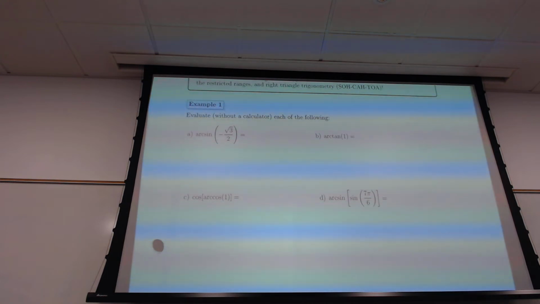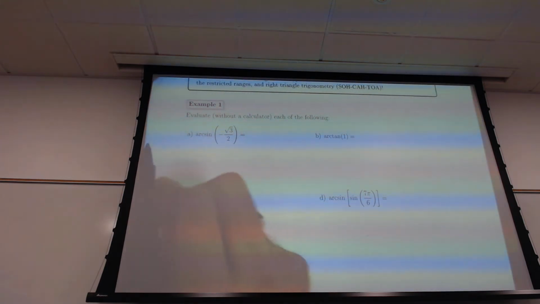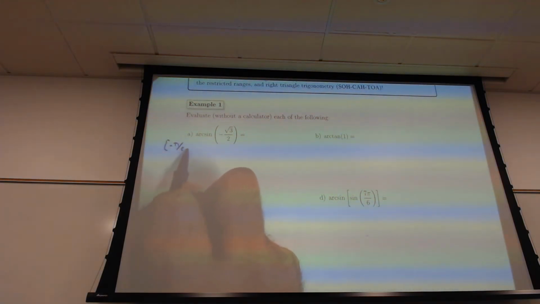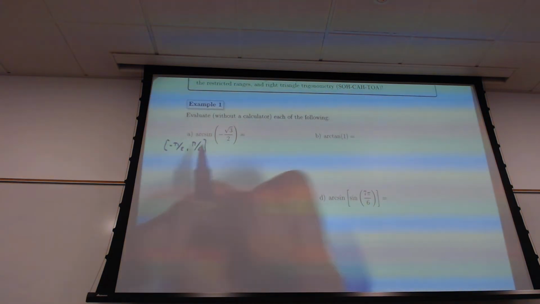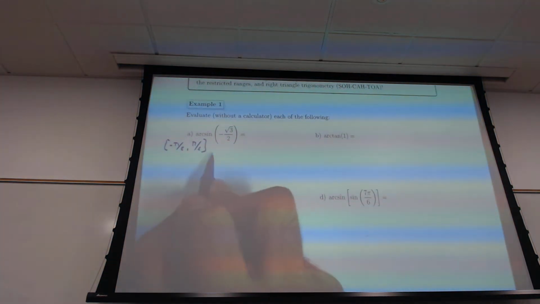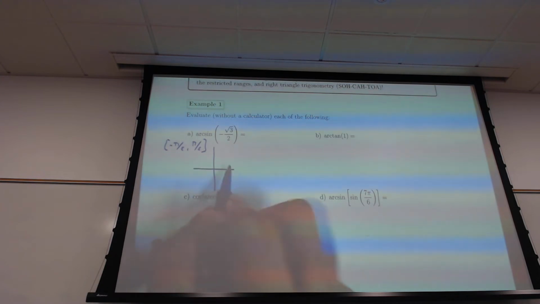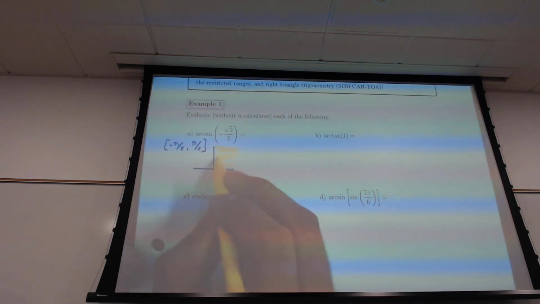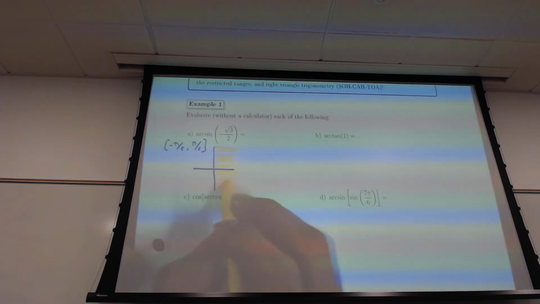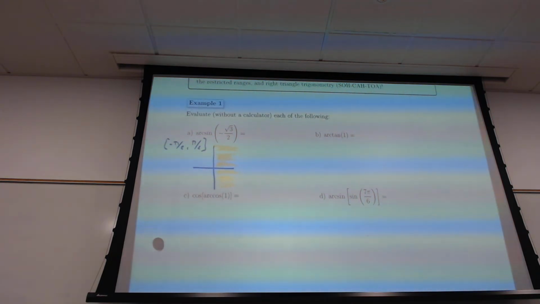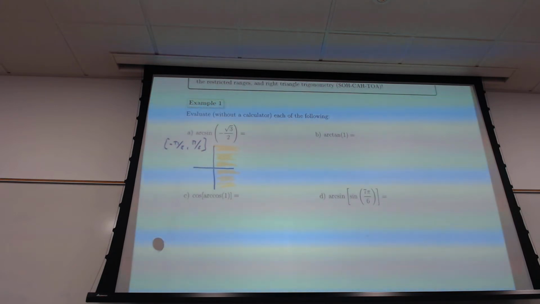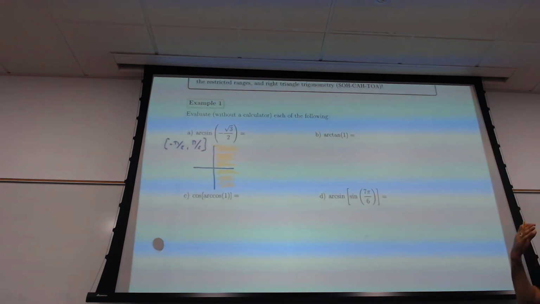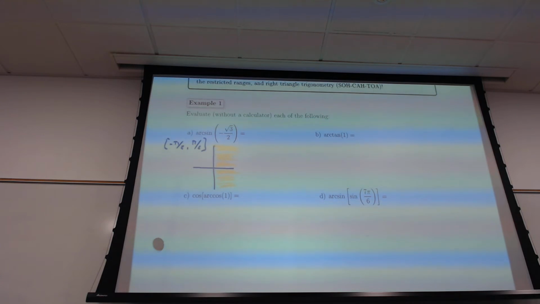Recall that arcsine only works between negative pi over 2 and pi over 2. So if you use triangles to answer this question, you might want to shade the region where the arcsine function is defined. That is, in this case, quadrants 4 and 1. That means negative pi over 2 to pi over 2.